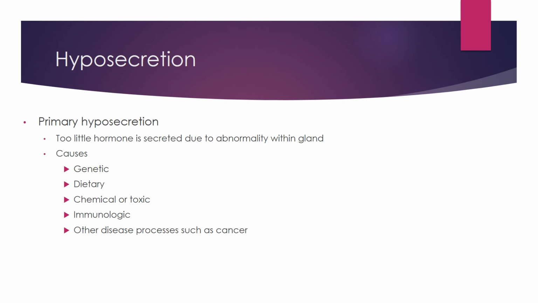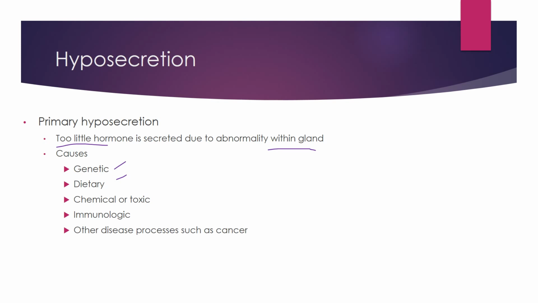So with hyposecretion, again, this is when we have too little hormone, and this is due to problems within the gland itself. And so many causes can occur from this, including genetics, dietary influence. So for example, with hypothyroidism, a lot of times there's not enough iodine within the diet, and so goiters are a symptom of that.